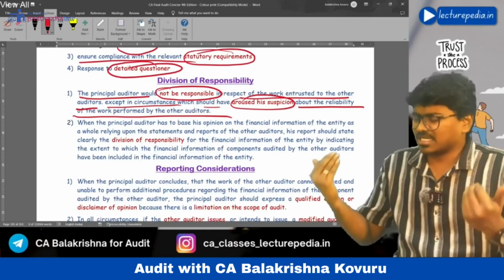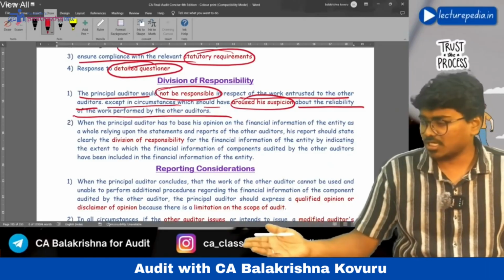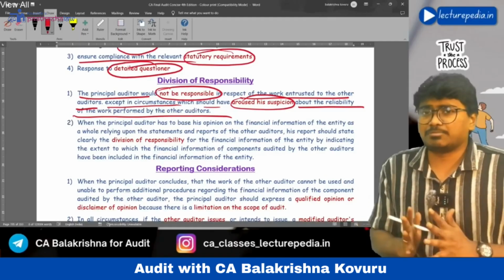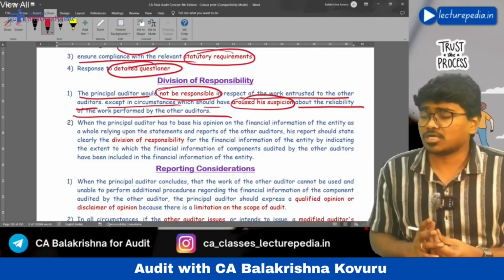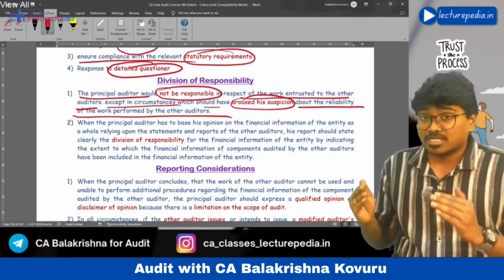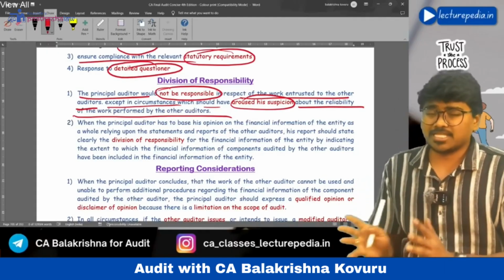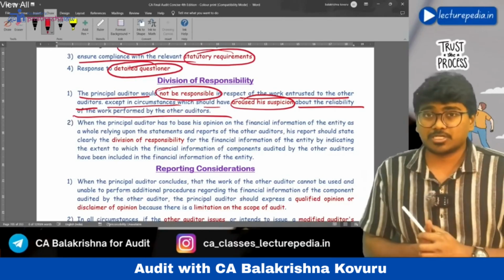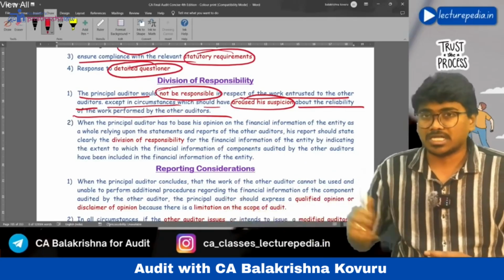Just by seeing it, you can find out that there is a misstatement in the component's financial statements, but the principal auditor has kept silent because the component's financial statements are not his responsibility. This should not be done. If there is a chance of suspicion arising and even then you kept silent, then the principal auditor will also be responsible with respect to that work, even though that work has been allocated to the other auditor.